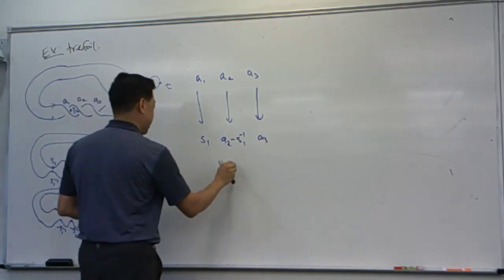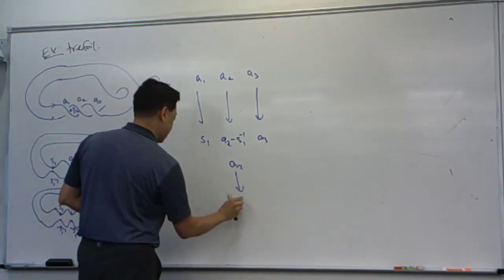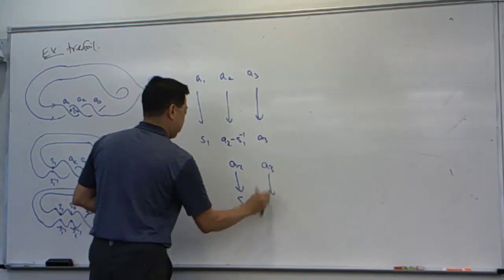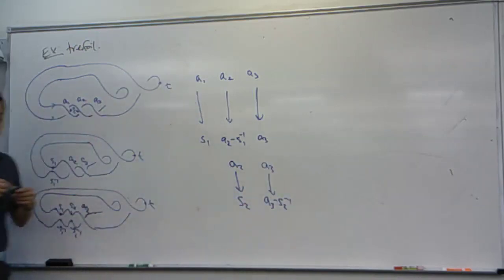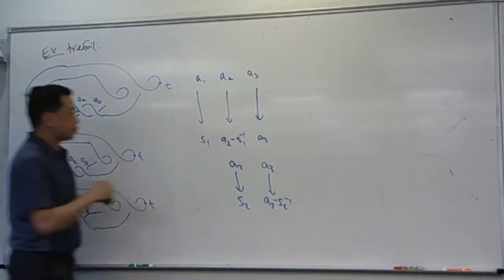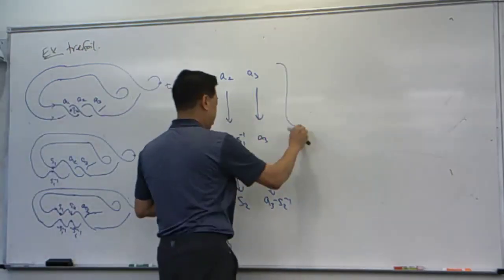So what has happened now is that this map sends A2 to S2, and now it sends A3 to A3 minus S2. And everything else just remains as it is.